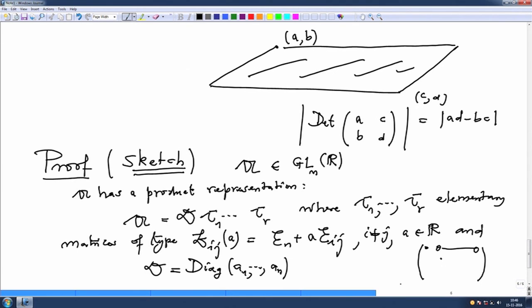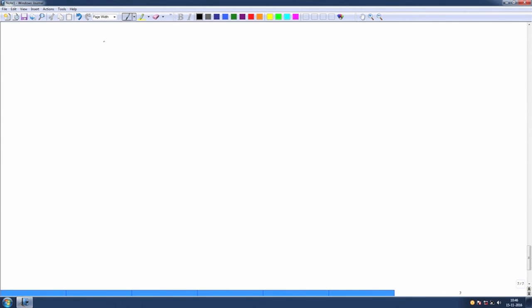That is because I know the properties of the elementary matrices: when I have an elementary matrix of this type and raise it to the power m, this is nothing but Bij(ma). These properties I know.